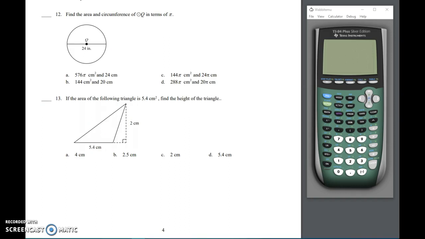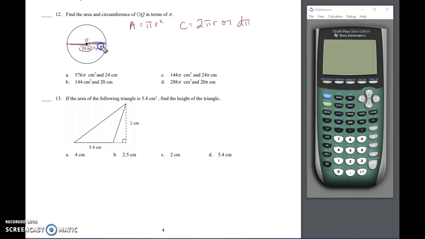Okay, now we're moving on to our area formula. It says find the area and circumference of circle Q. Okay, well, the area formula is pi r squared, and the circumference formula is 2 pi r, or diameter times pi. So if I'm looking at circle Q, this is 24, and it goes all the way across.